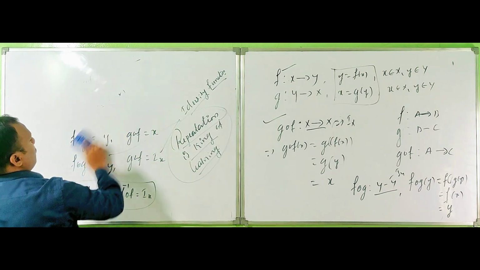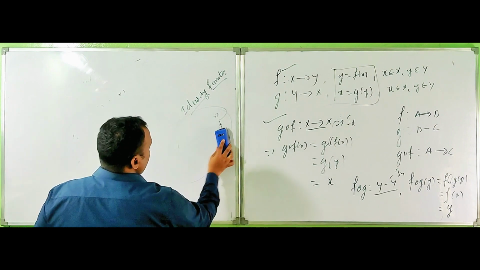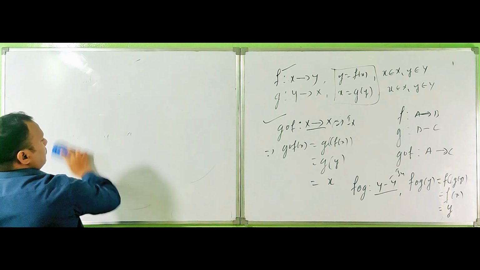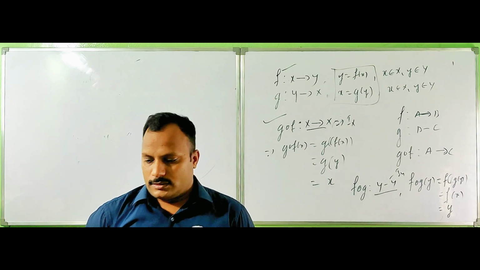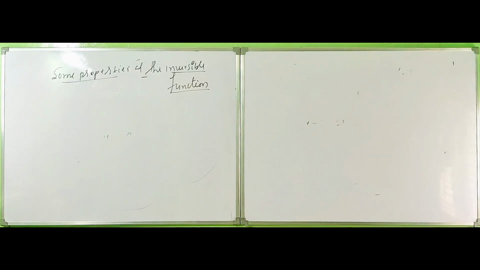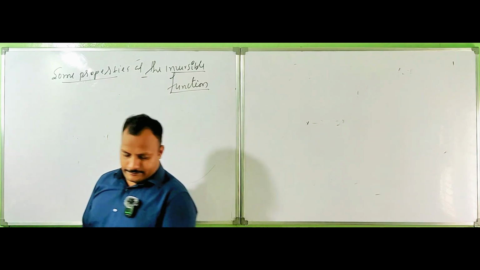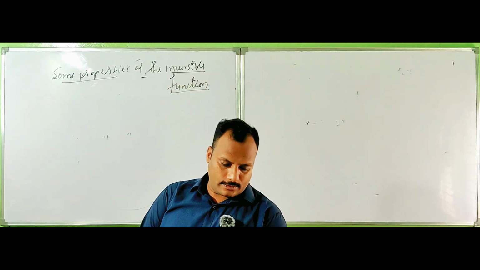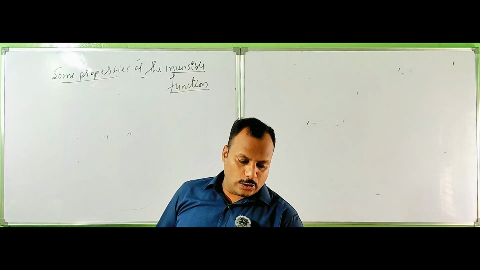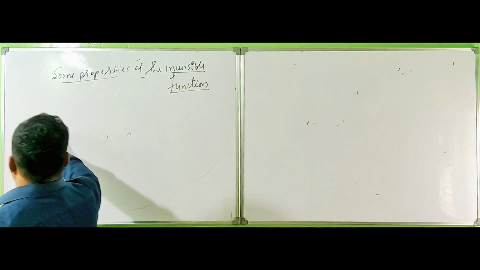Next, some properties of invertible functions. First one: the inverse of a bijective function is unique.